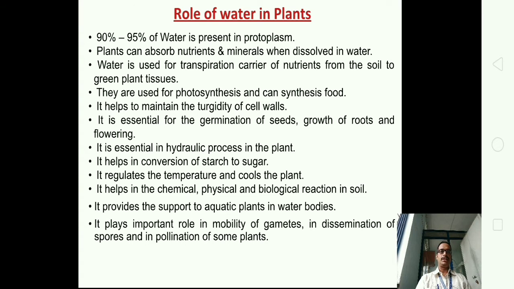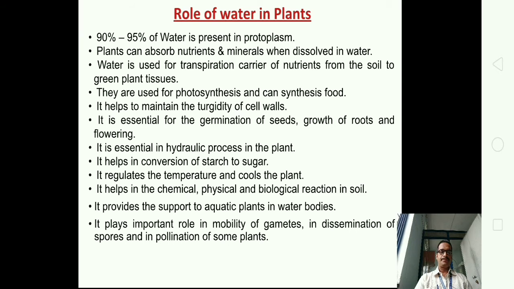About 90 to 95% of the protoplasm of the plant is water, which acts as a solvent. Plants can absorb nutrients and minerals when dissolved in water, when present in the soil. Water is used as a carrier of nutrients from the soil to the green plant tissues.